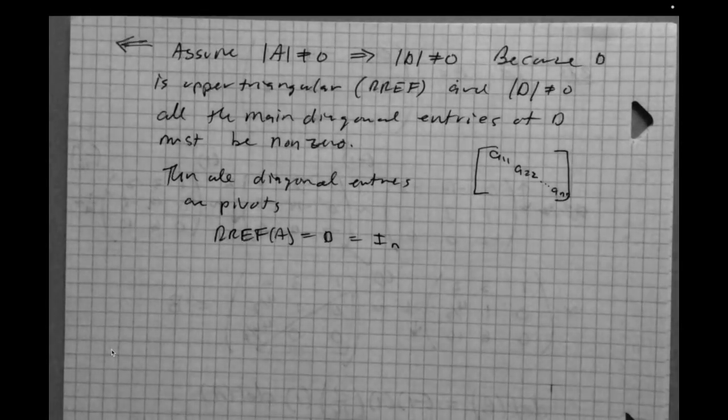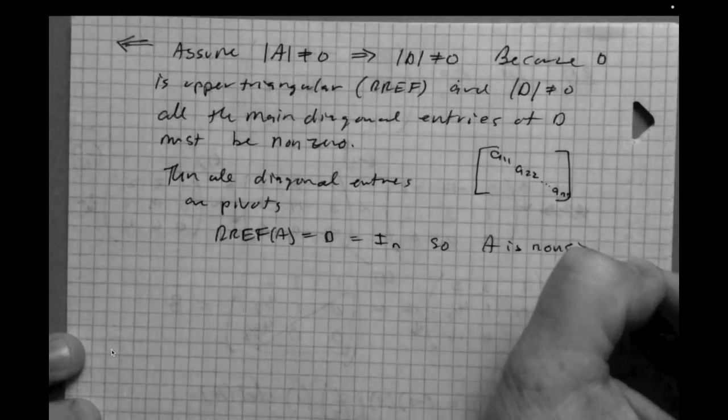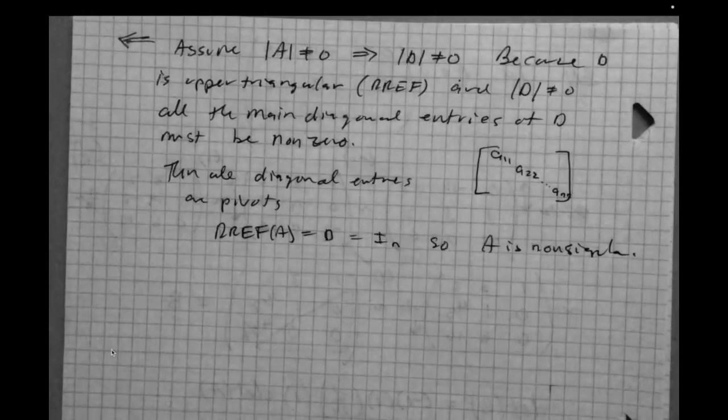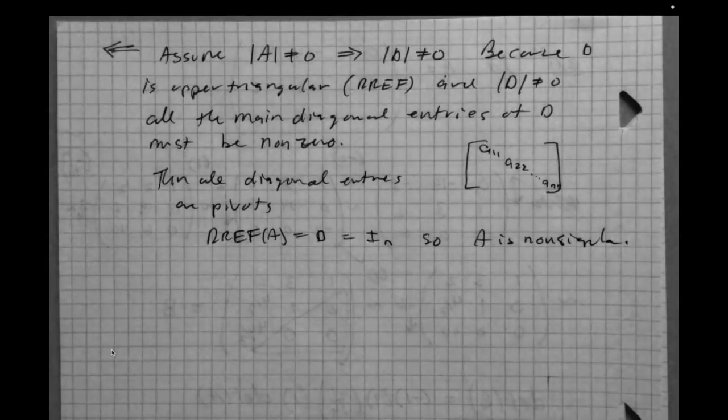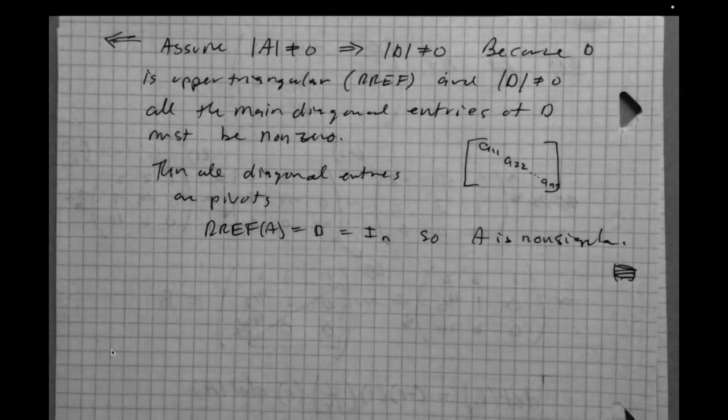And so that means that the matrix is non-singular. Okay, so the matrix is non-singular. Very good. It goes both directions very easily. Simple proof, just a lot of recalling what previous theorems have said and chaining them together.